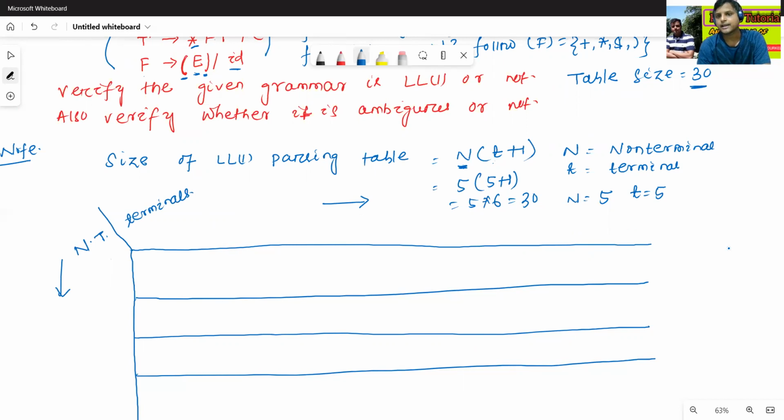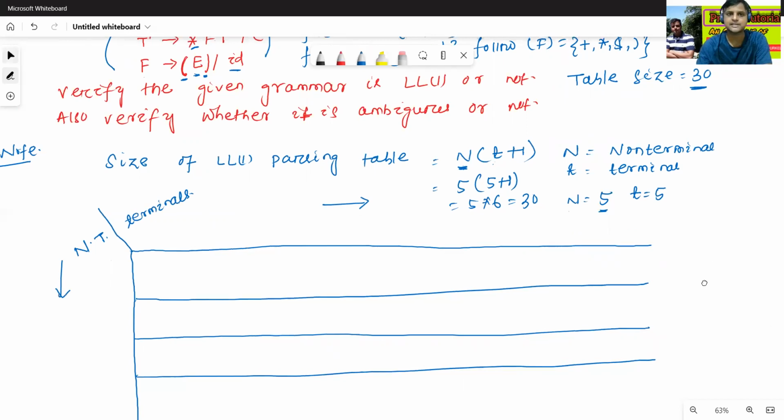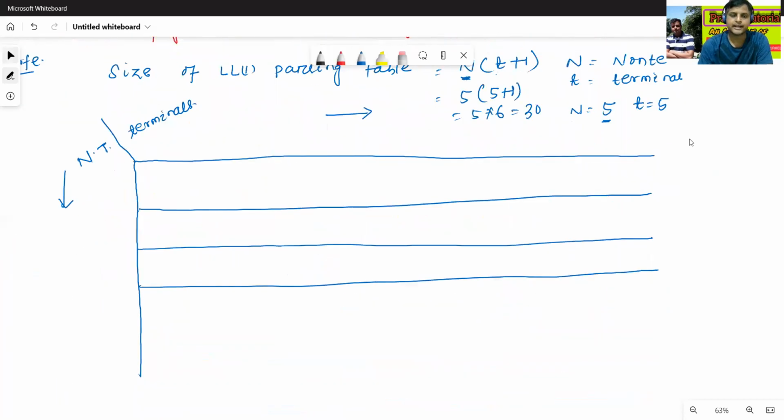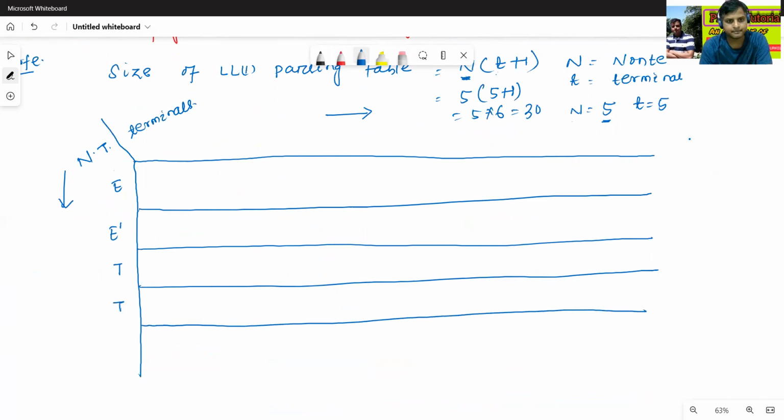Here n equals 5, meaning non-terminals equal 5: E, E prime, T, T prime and F. So now we'll write here E, this is E prime, T, this is T prime and this is F.